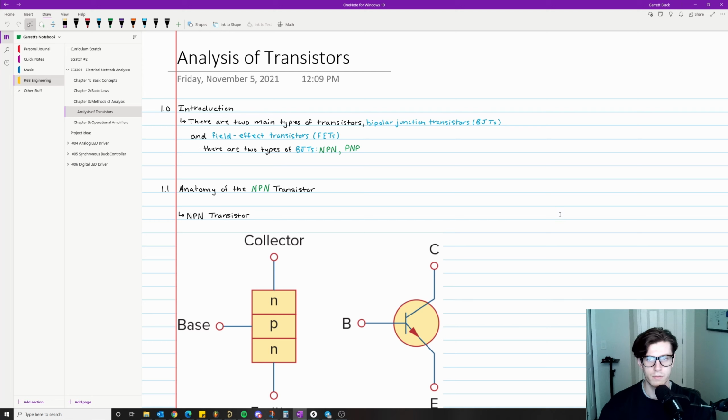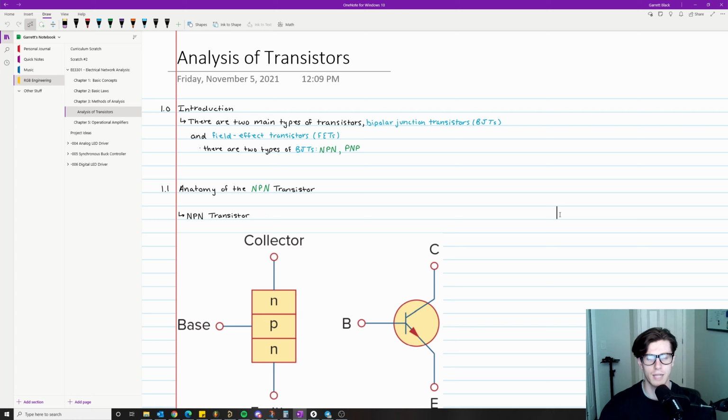So today's video is going to be about transistors, and the goal of this video is to get you able to know when and how to use a transistor in a circuit. If you search on YouTube something like Transistors Explained or Transistor Tutorial, you get a lot of really good videos that go in depth and explain what a transistor is and the inner workings of a transistor.